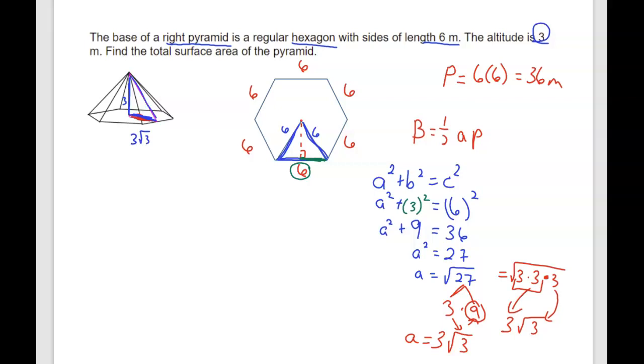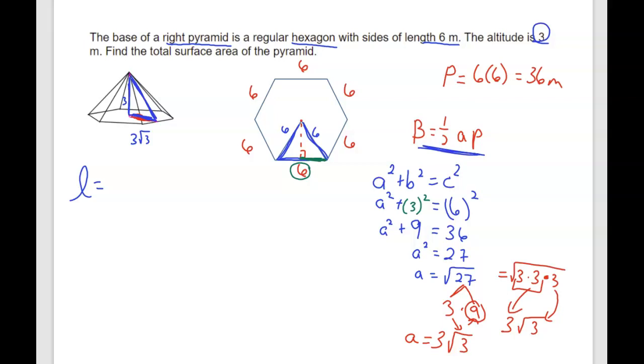We need to find the slant of our pyramid, and we're going to use the apothem also to find the base in just a few moments. I did not forget that we haven't found the actual area of the base yet. I'm trying to find all of our sides at the moment. Our slant is using L.